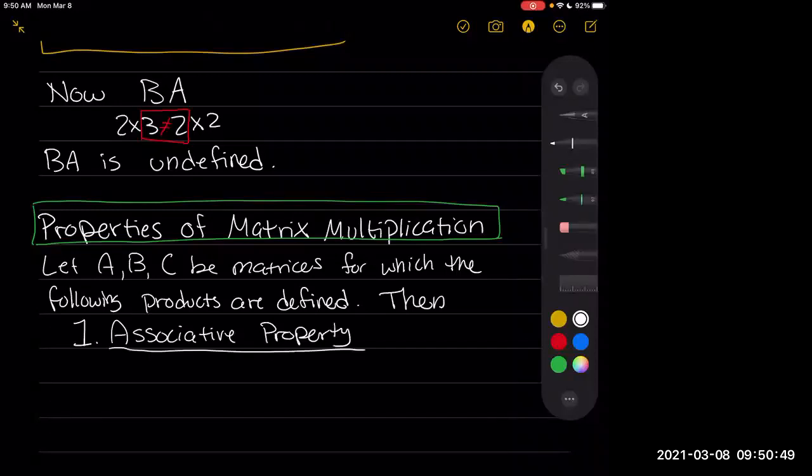So that means we can have A times B times C equals A times B times C.